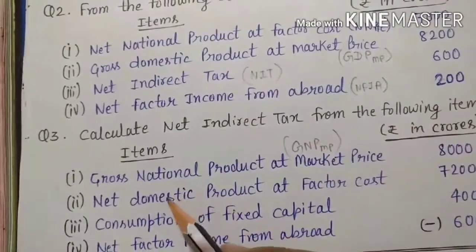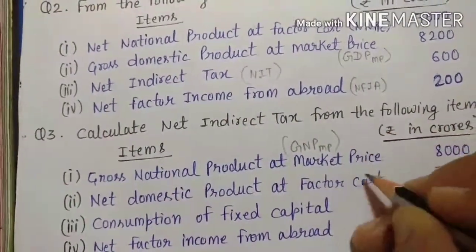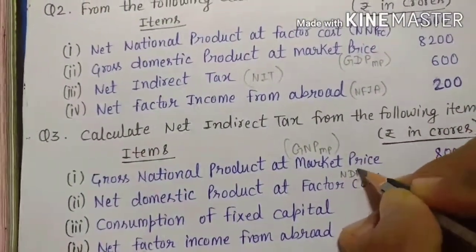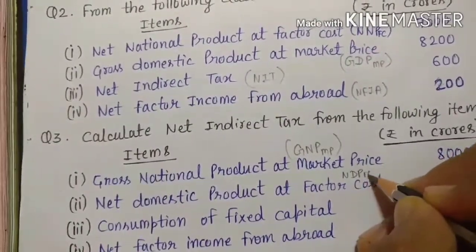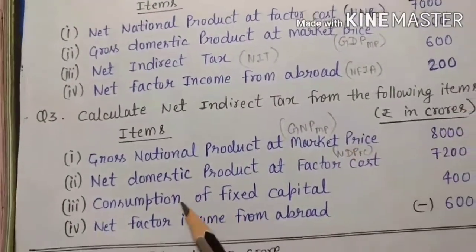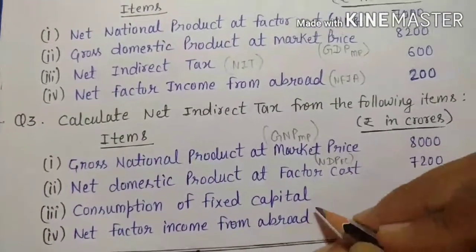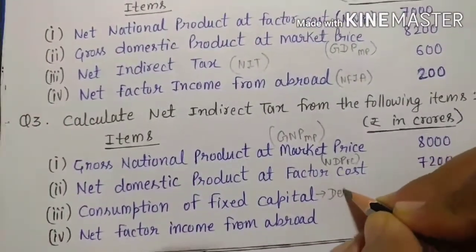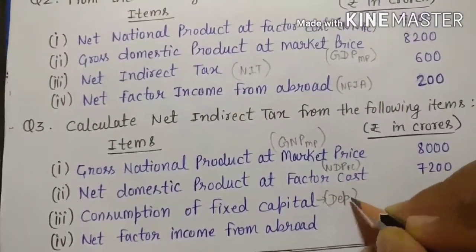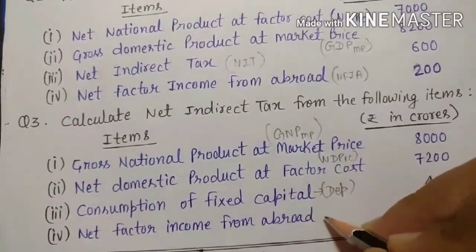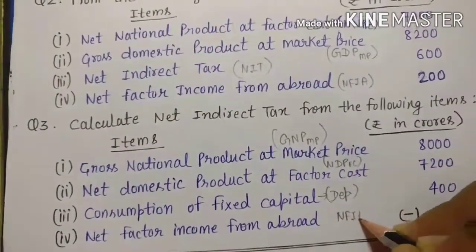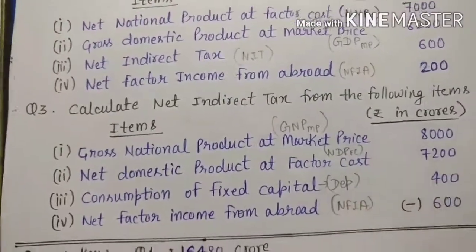And then what is given? Net domestic product, NDP at factor cost, so NDP at FC was given. Consumption of fixed capital, now I hope you have learned it is DAP only. This is the other name of depreciation. And then net factor income from abroad, directly it was given, NFIA. So these things are given.